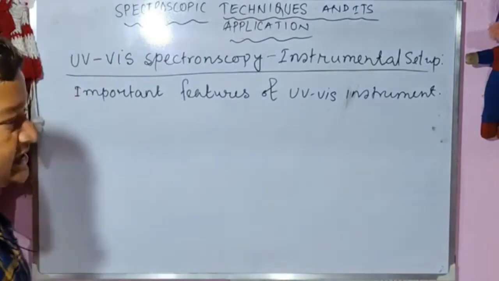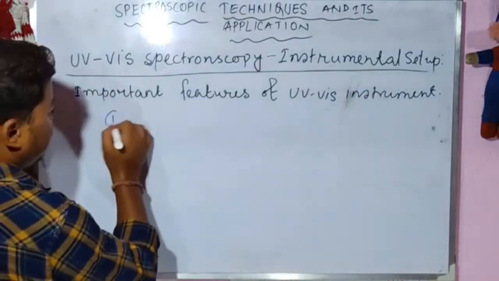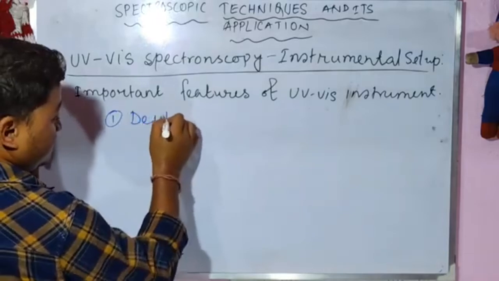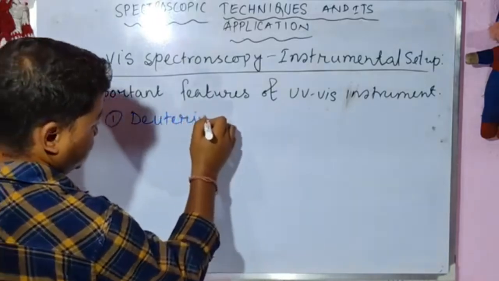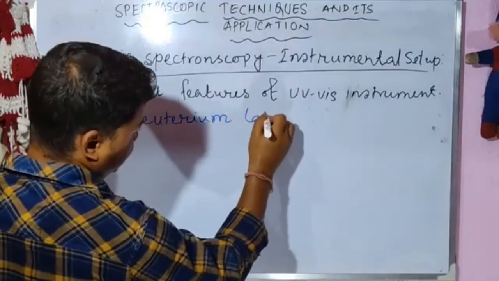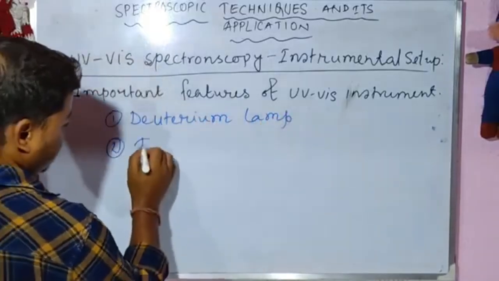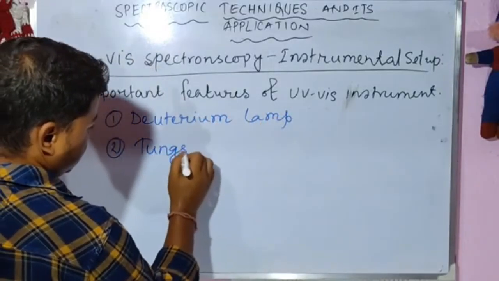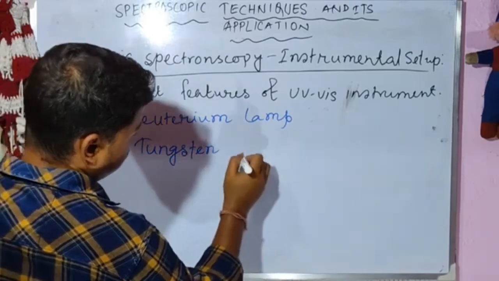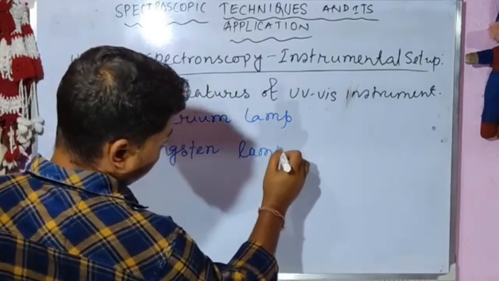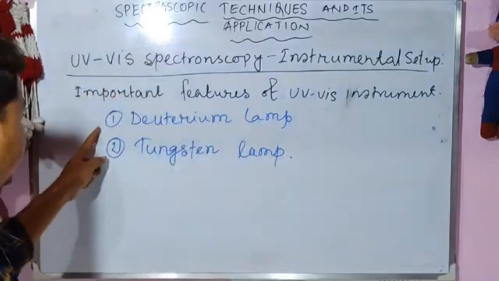One is the deuterium lamp, and the second is the tungsten lamp. Why are two light sources used?